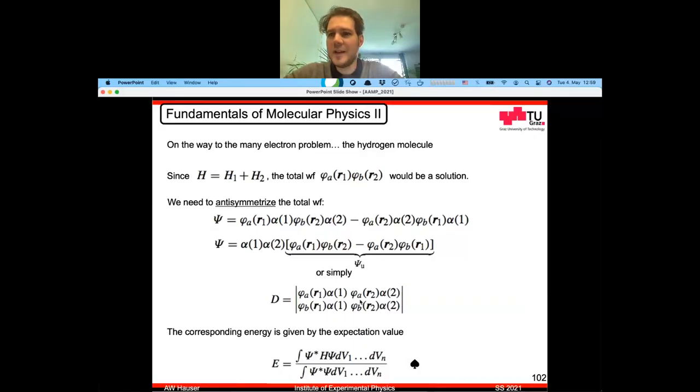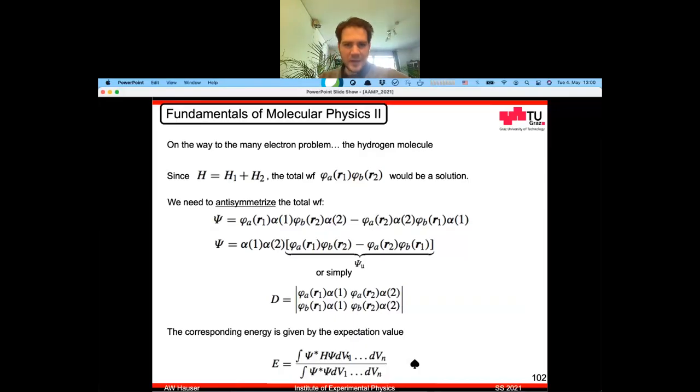So this is a convenient feature of the determinant, and it works for the obvious reason that the determinant does exactly what we would like to have for a fermionic wave function. Namely, let's start it this way.